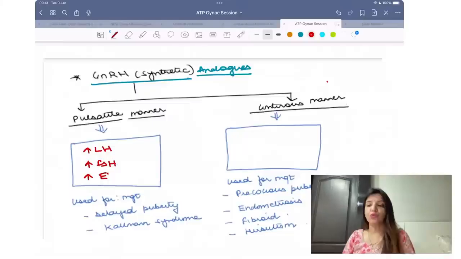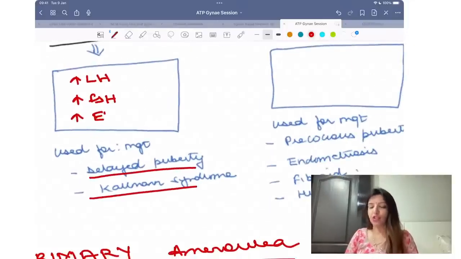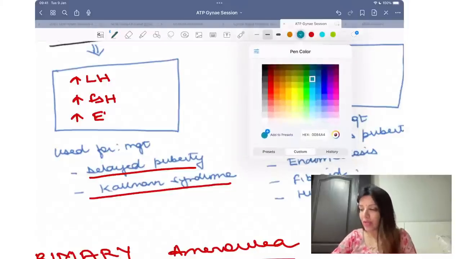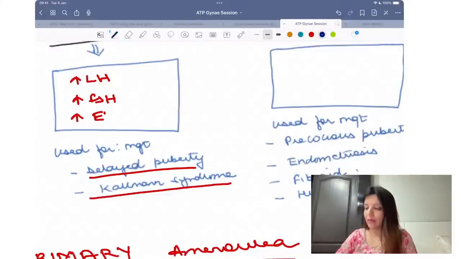So when do you use pulsatile GnRH? Whenever levels of estrogen are less, I can give GnRH in a pulsatile manner. So it is used for management of delayed puberty and for management of Kallmann syndrome. What is Kallmann syndrome? Kallmann syndrome is a condition where there is hypothalamic failure.